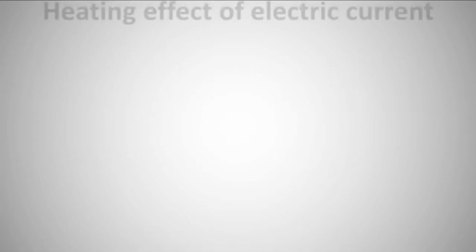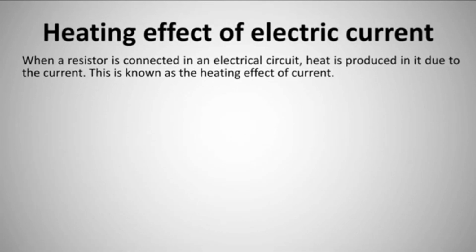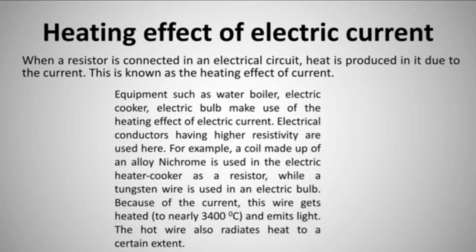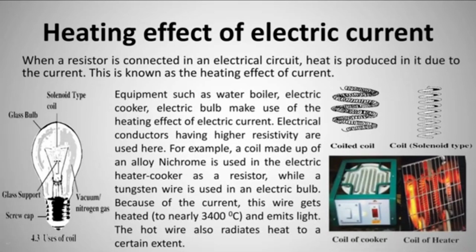Heating effect of electric current. When a resistor is connected in an electrical circuit, heat is produced in it due to the current. This is known as the heating effect of electric current. Equipment such as water boiler, electric cooker and electric bulb make use of the heating effect of electric current. Electrical conductors having higher resistivity are used here.